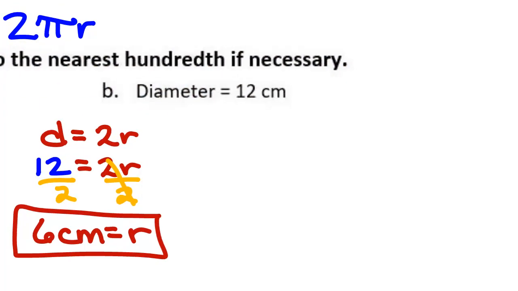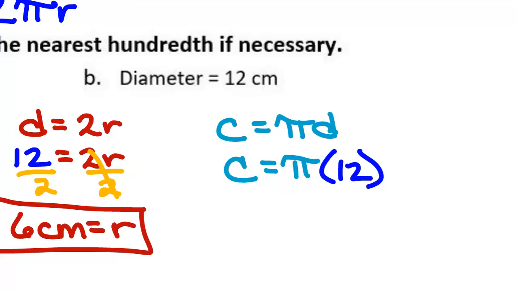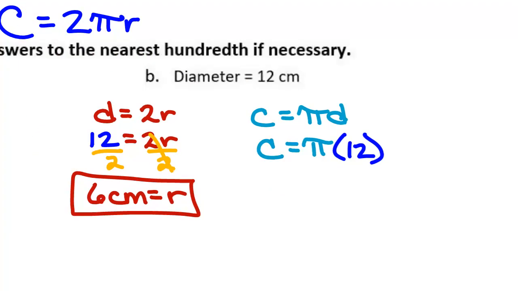And then circumference equals, I'm going to do pi d since they gave us the diameter. So circumference equals pi times 12. I'm going to pop that into my calculator. I'm going to use the pi button and then times 12, or you can put parentheses around it.